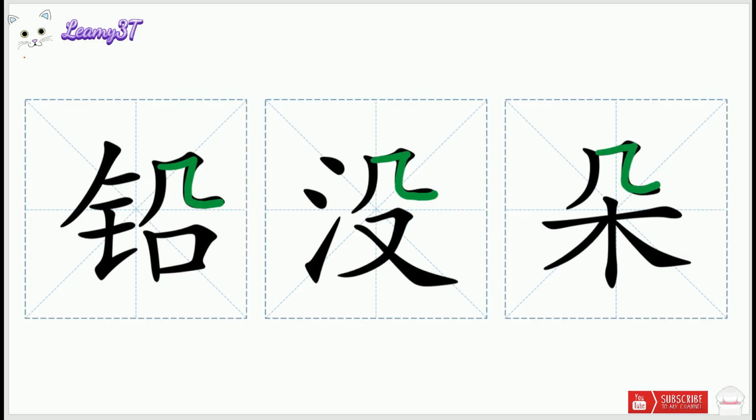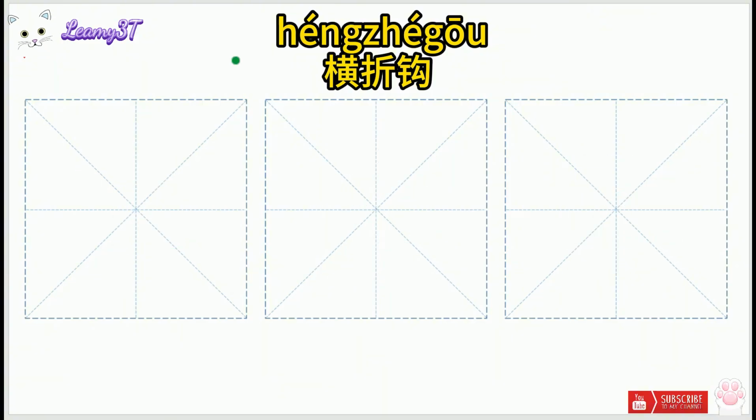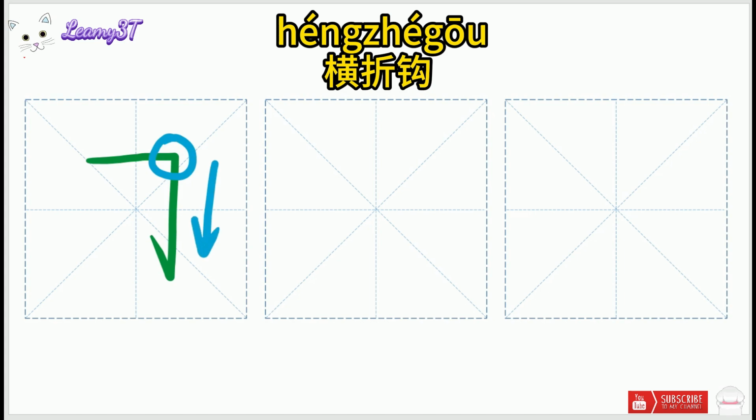The second stroke we'll learn is héngzhégōu. After the turn, there is a shù. Since it includes both heng and shù, each of which can vary in length, this stroke often appears in many forms. héngzhégōu can be a big stroke.